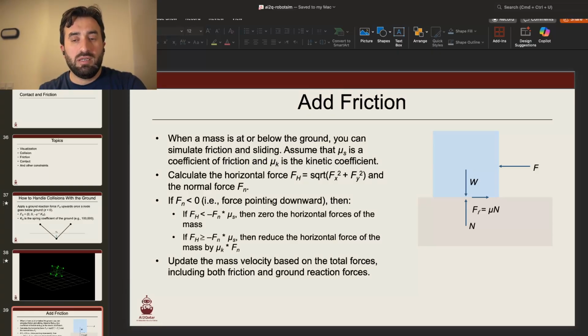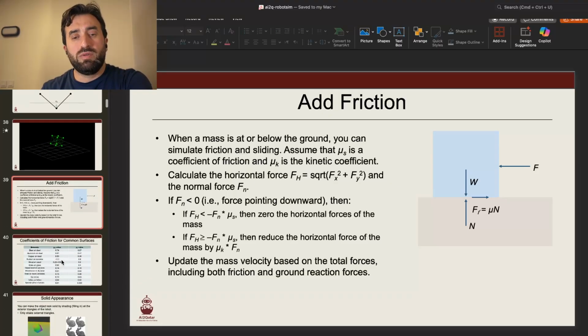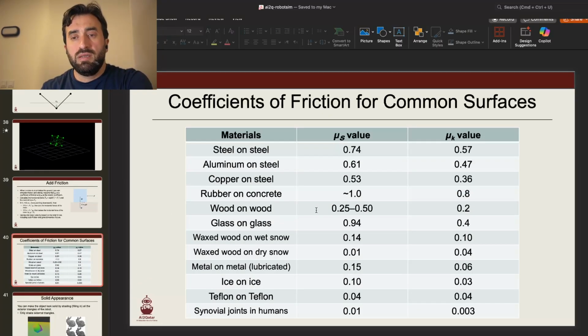Then you use this force to calculate the acceleration, the velocity, the position and so on. So that's an overview of how friction is calculated.